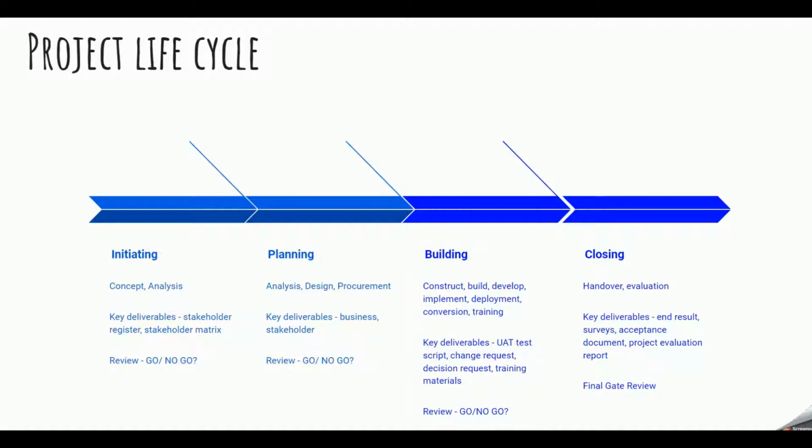Then you have to review all the things that you want to improve for your next project. So it often includes surveys, user acceptance documents, or a project evaluation report. And this is where the final gate review happens, meaning this is the end of the full project lifecycle.